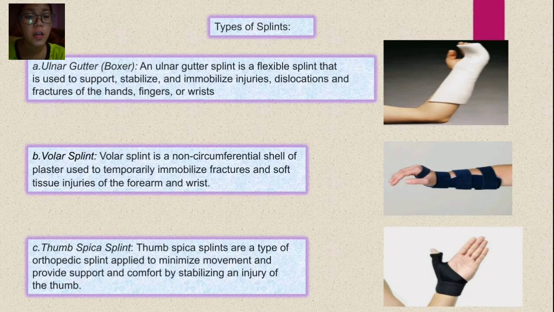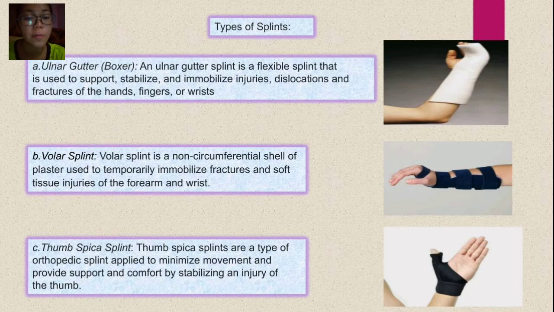So the third one, we have the thumb spica splinting. I will not read the definition because I will just discuss it. The thumb spica splint allows for balanced function and maximal mobility of the unaffected areas such as fingers, upper arm, and shoulders.